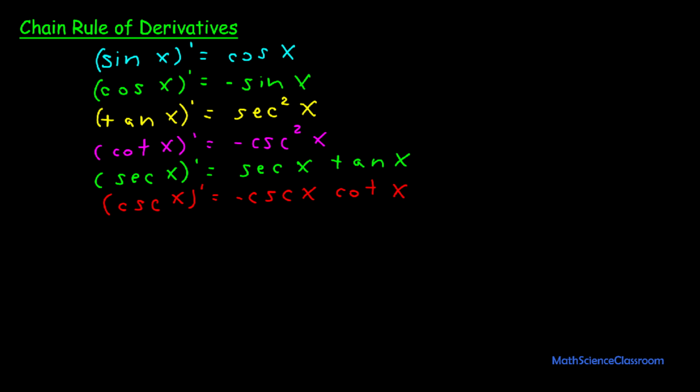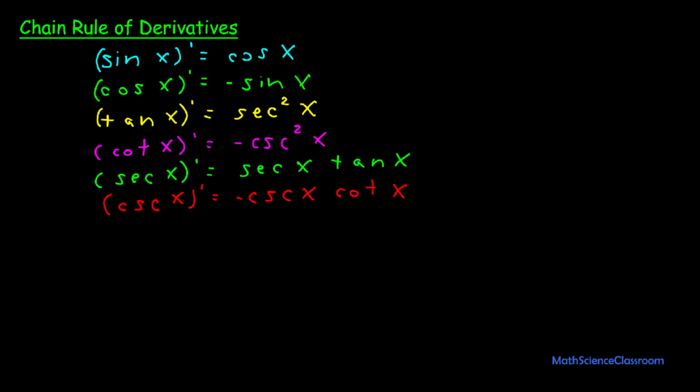So sine x derivative, cosine x. Cosine x derivative, negative sine x. Tangent x derivative, secant squared x. Cotangent x derivative, negative cosecant squared x.